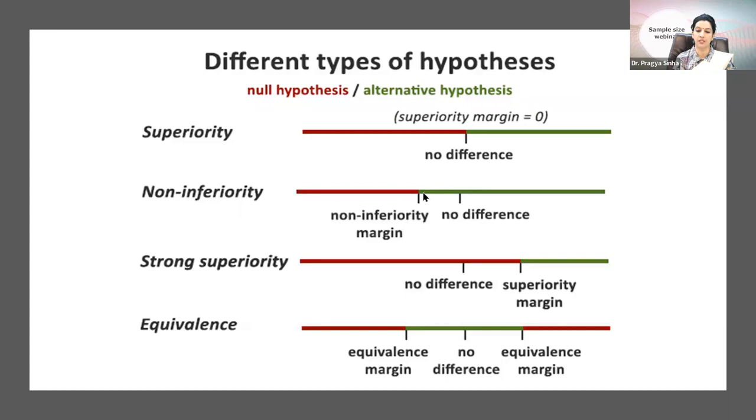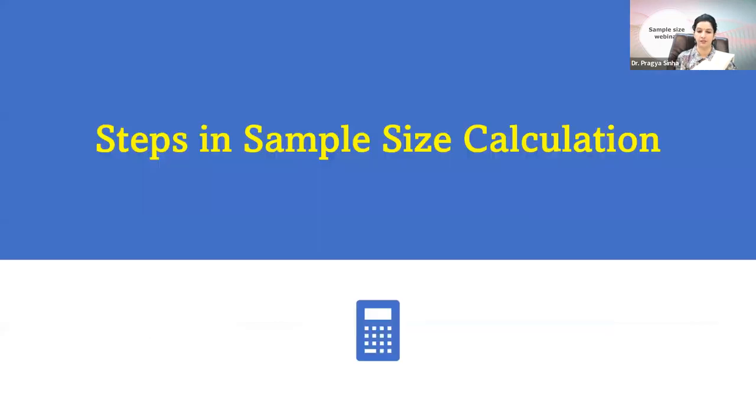This margin from the no difference to the clinically least difference, we call a non-inferiority margin. Similarly, for equivalence, you set a margin both below and above the no difference margin, and then you call it equivalence.